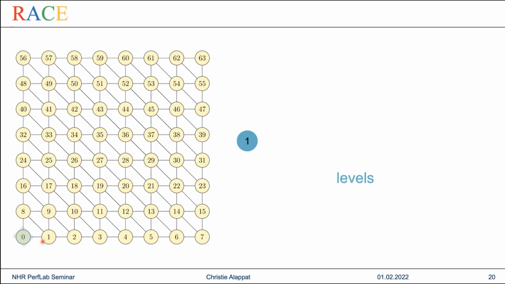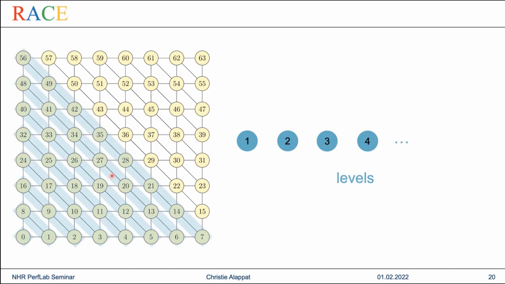These are vertices 1 and 8. We assign vertices 1 and 8 to the next level. Then we find the vertices that are connected to level 2, which are 2, 9, and 16, and assign them to level 3, and so on. So basically, we find levels of the graph using breadth first search.